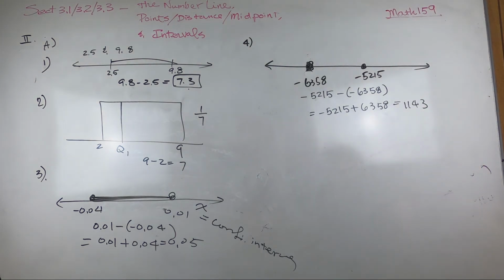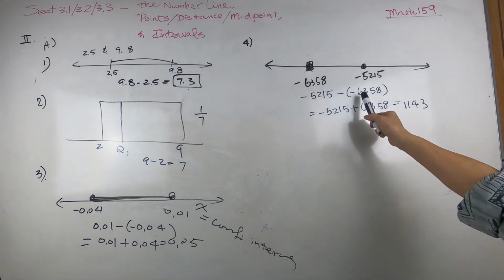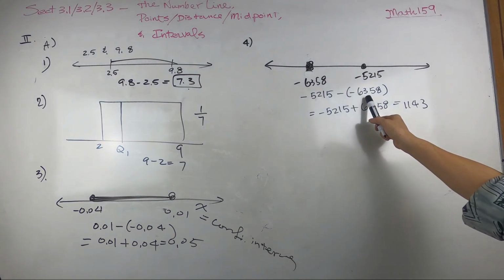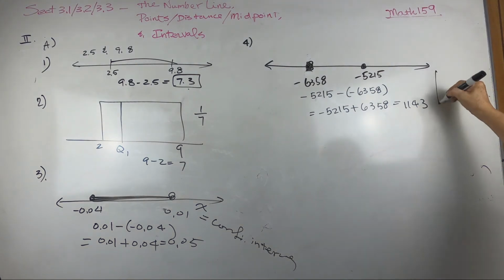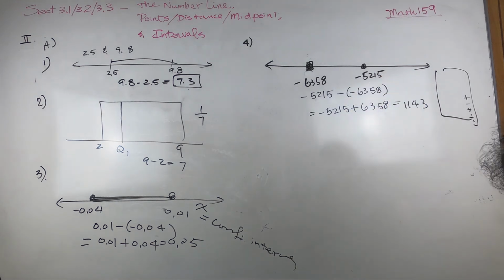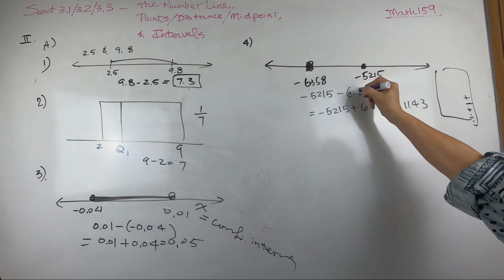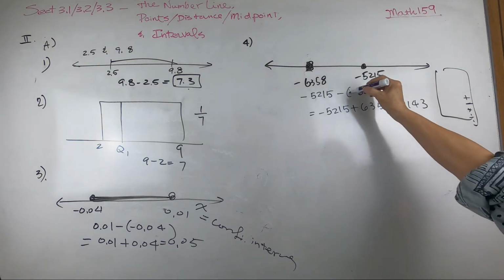So you can use calculator to do it. But when you use a negative number, there is another key. On your calculator you have add, subtract, multiply, and divide, okay? But if you minus negative, you don't do minus twice.